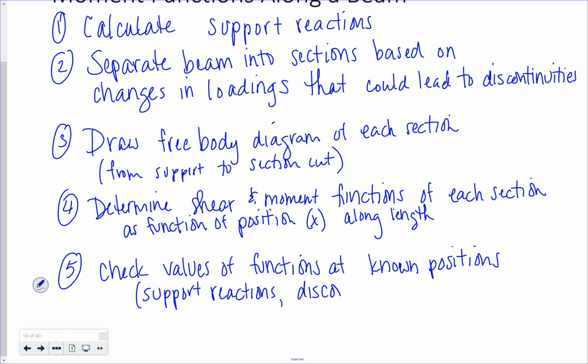And if you have any discontinuities, you should verify that the different functions have the same value, unless there is a specific reason not to.